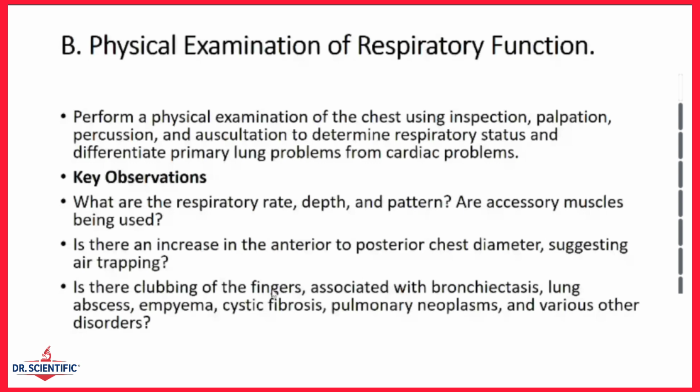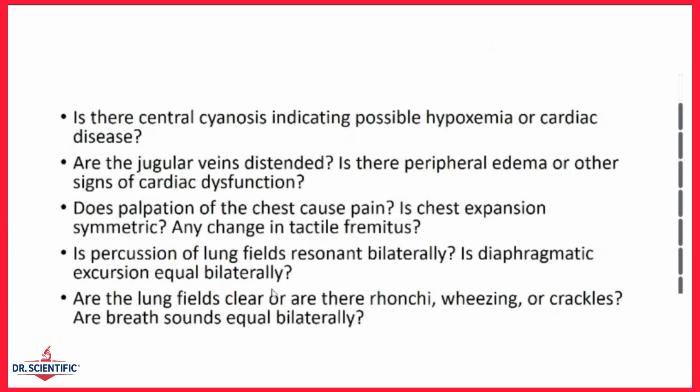How do you tell that these are crackles? Wheezing is always continuous and musical in nature. The rhonchi is a low pitched, snoring-like sound. So get to evaluate that. Is there central cyanosis? Is there jugular vein distension, which will be a sign of cardiac dysfunction?